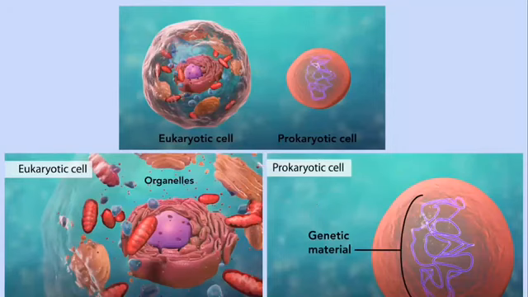First is eukaryotic cells, which have organelles and a nucleus and other special parts. It is an advanced complex cell found in plants and animals. Whereas prokaryotic cells have no nucleus or membrane-enclosed organelles, but they have genetic material, DNA, but it is not contained in a nucleus, it is just outside.